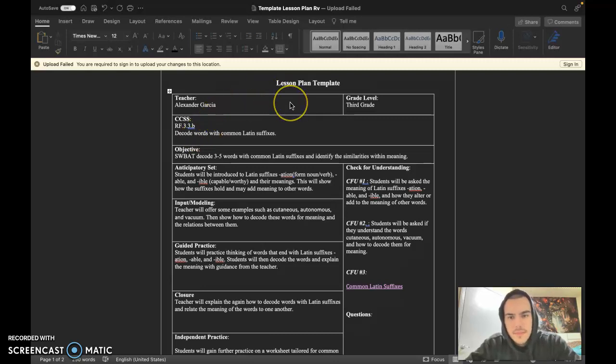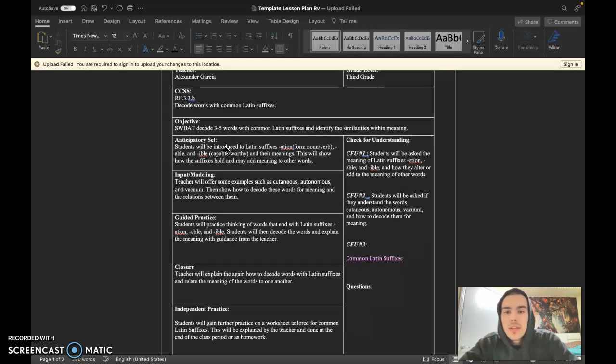For the majority of this lesson plan, we're going to be looking mainly at bases and suffixes, and the suffixes are going to be Latin.